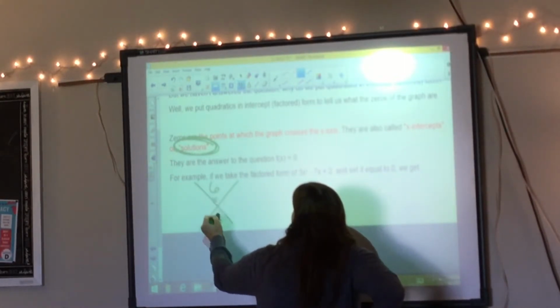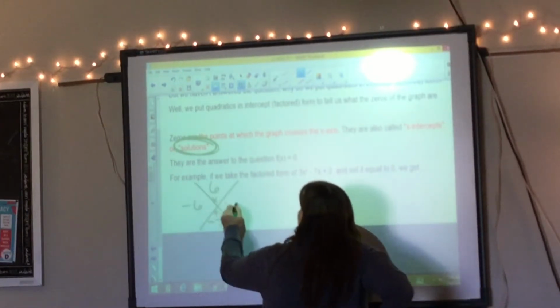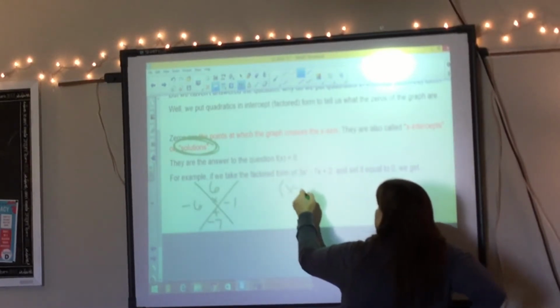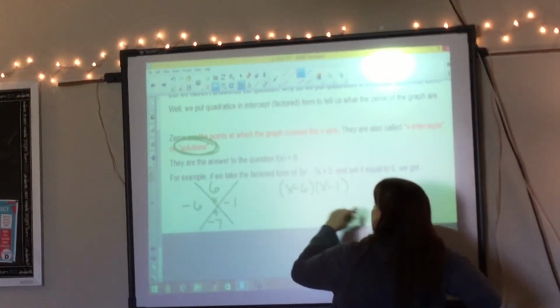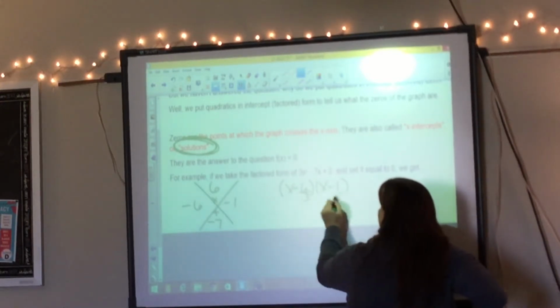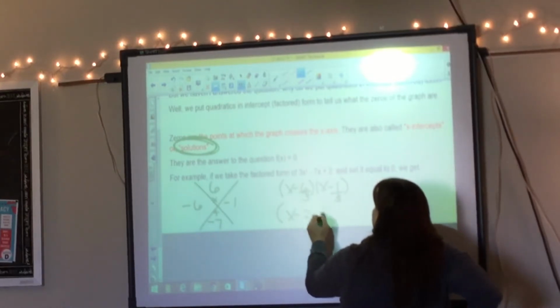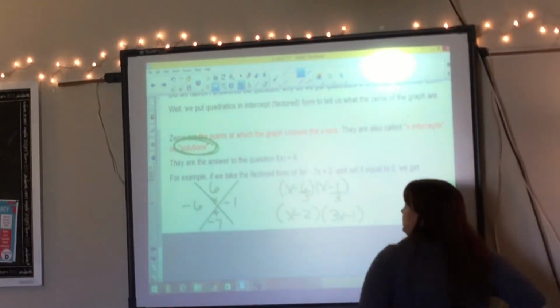So we need to multiply to that and add to that. -6 and -1 does that for us. So we write x minus 6 and x minus 1. And then since we did a slide, we've got to do a divide. So this is x minus 2, and this is 3x minus 1.